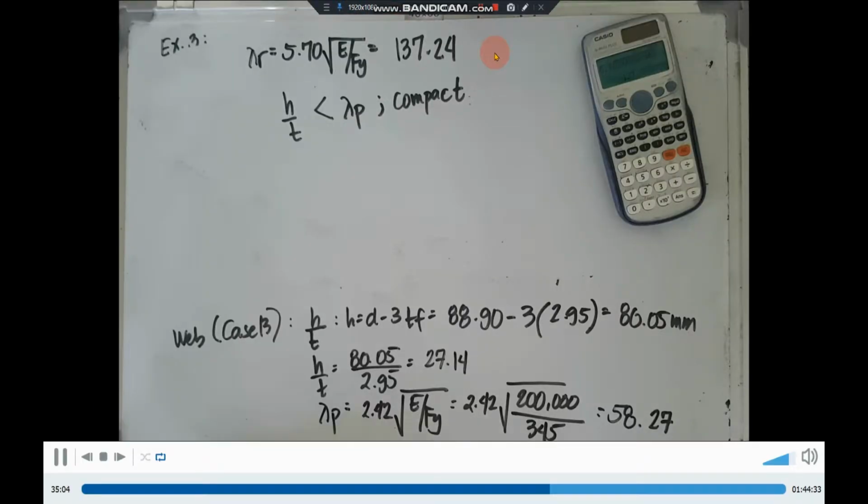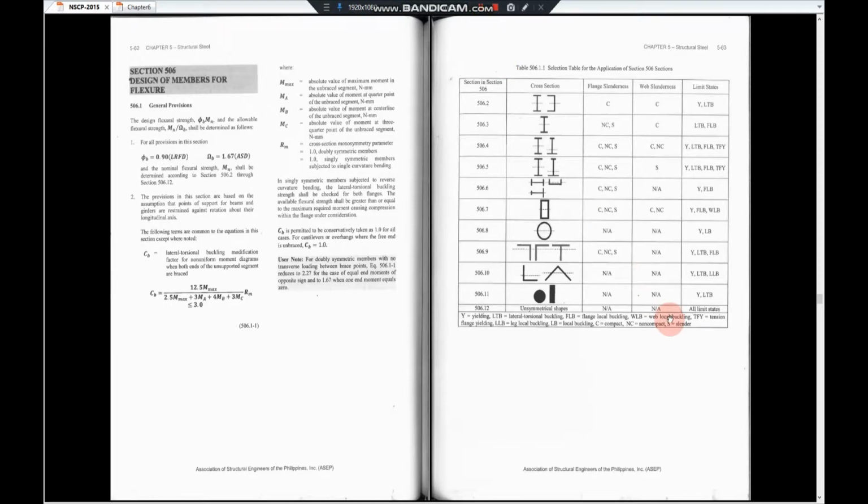And opening your NS to determine what limit state we will encounter, our flange is non-compact and our web is compact. And since it is an HSS element or HSS member, we will consider section F7, in which our member will experience yielding, flange local buckling, and web local buckling.